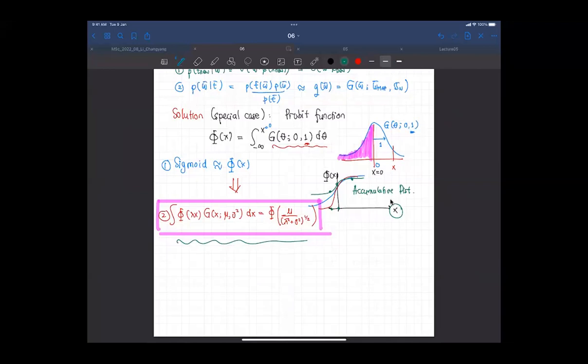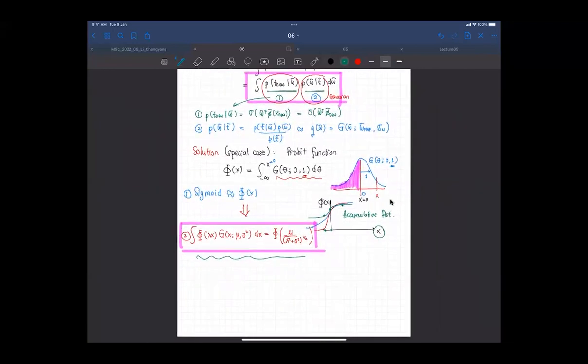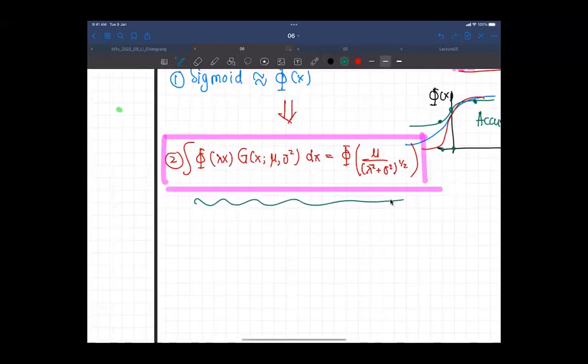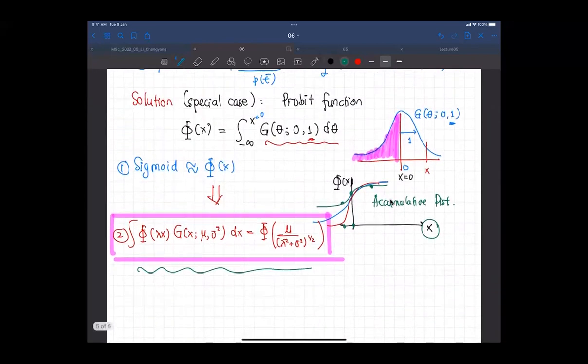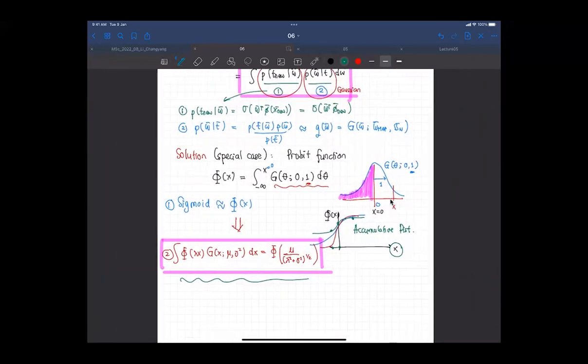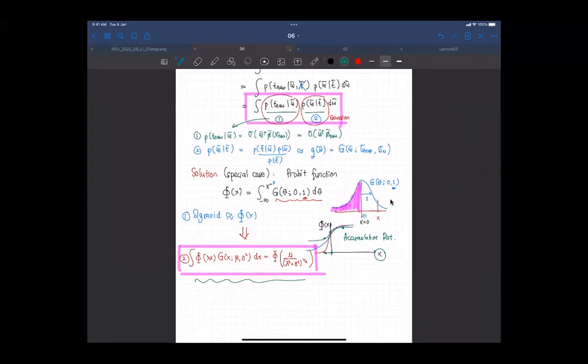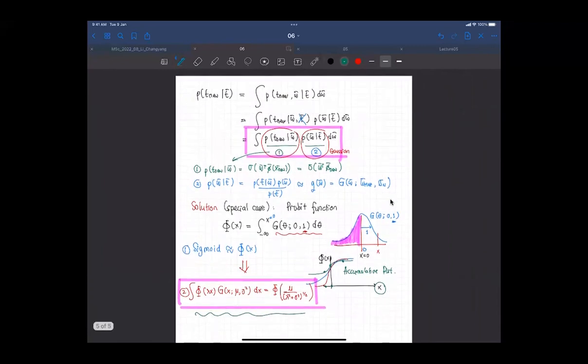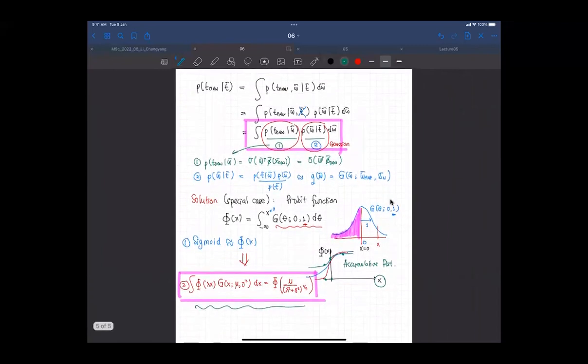Right. Okay, so now we can solve the integration problem using probit. The question is how? How can we use this probit to solve our problem? The main difference that we can see is within these two equations. Let me write the problem that we have.